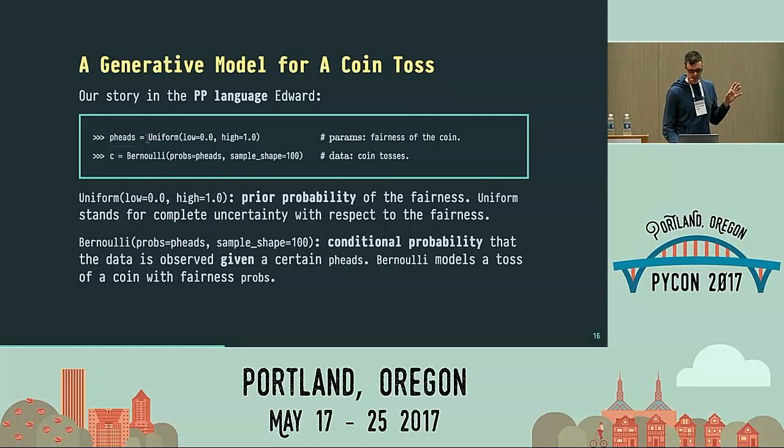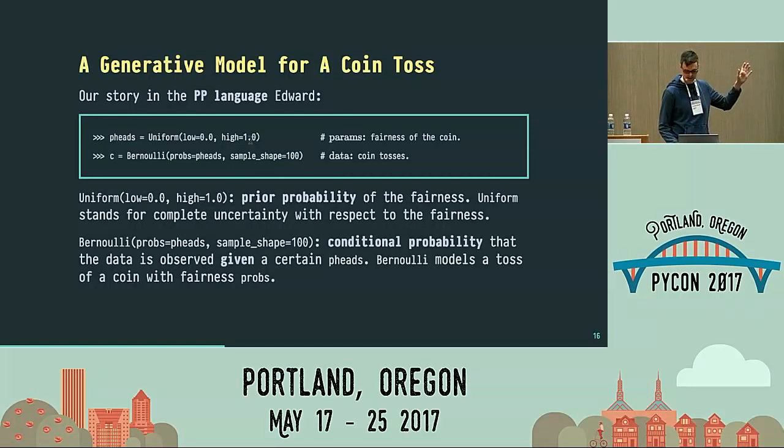In this simple example, I just chose a uniform distribution. That means I expressed a prior belief that states, I don't know anything about this coin. It could be very fair, it could be very unfair. I don't want to make any prior assumption of what the fairness should be. So I give every possible value of the fairness, which is always between 0 and 1, the same probability a priori. So uniform stands for complete uncertainty about what this fairness could have been.